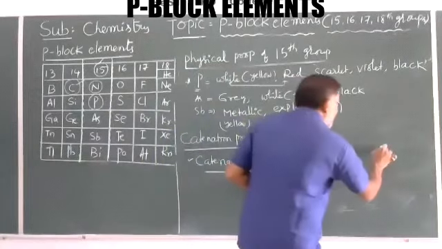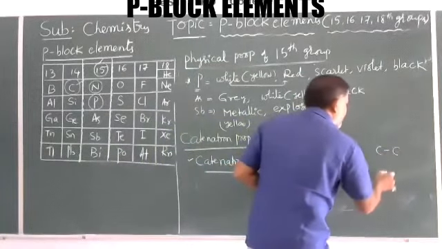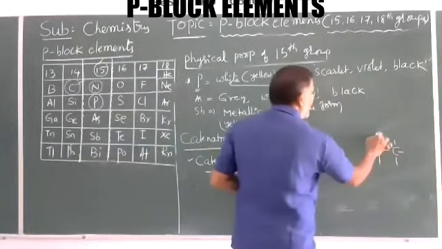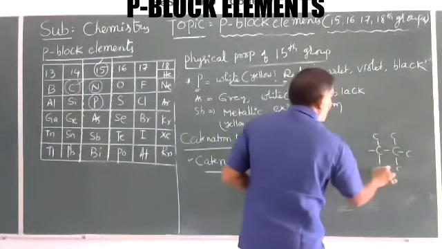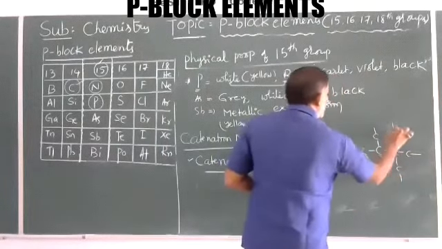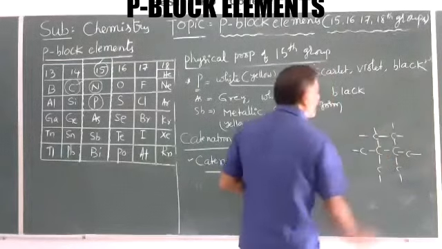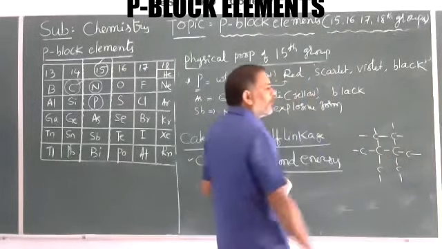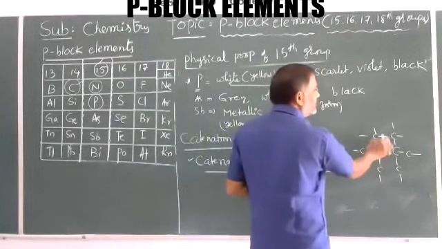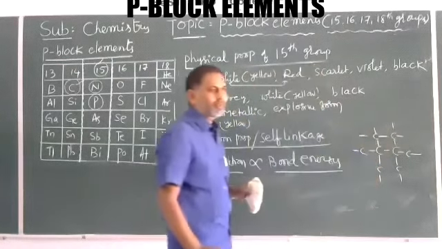Due to good carbon-carbon bond strength, self-linkage is more. Innumerable carbon compounds are formed due to its tetravalency and catenation property. To form long chains and rings, carbon has the highest catenation property among all known elements.